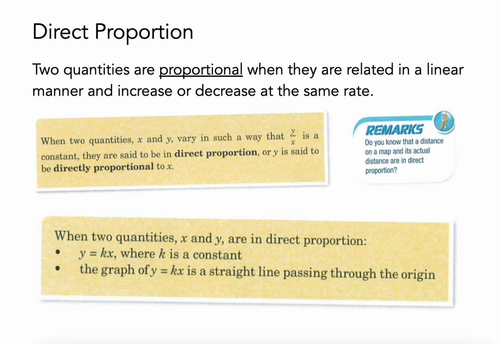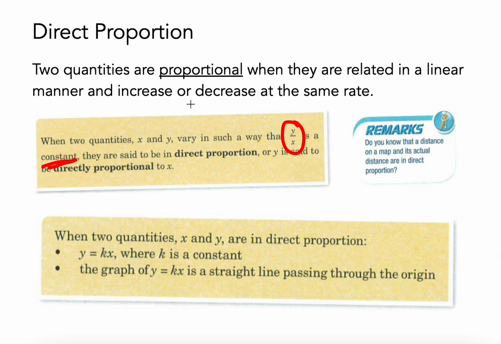All right, now in order to actually measure that scale and see how they are related in that linear manner, we can tell that two quantities, let's call them x and y, are proportional because they vary in such a way that y divided by x is a constant. So whenever you take your y value and divide it by its corresponding x value, you should get the same constant value.